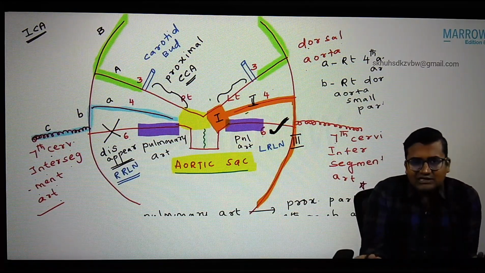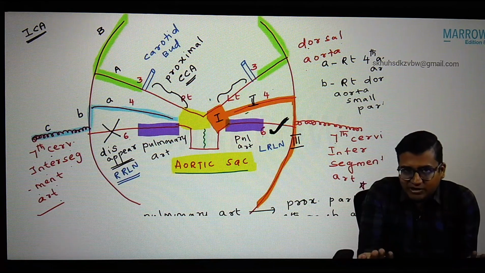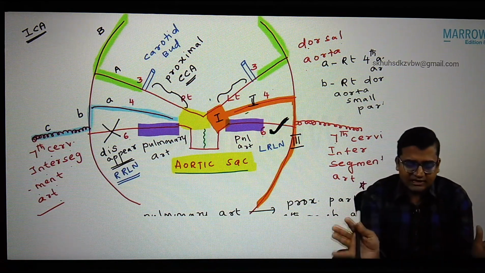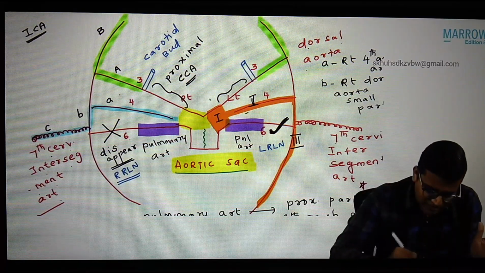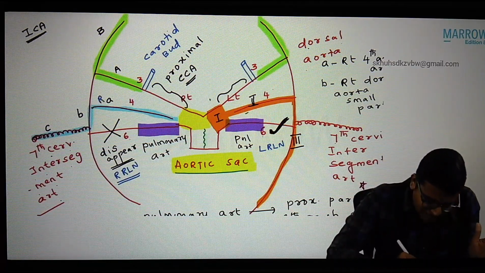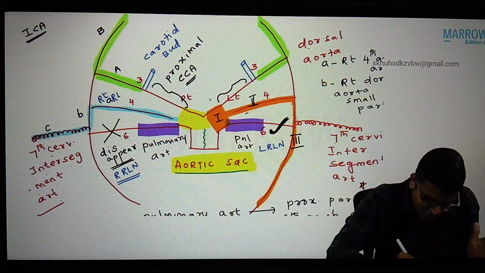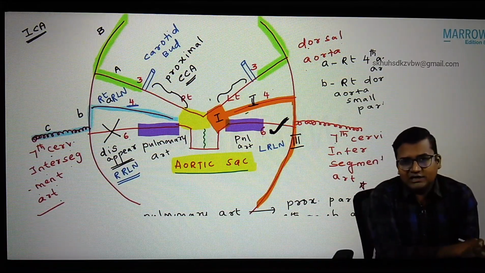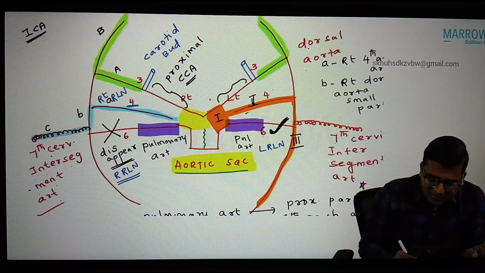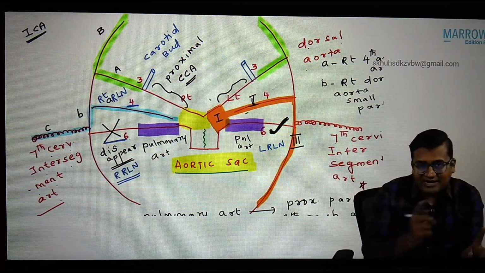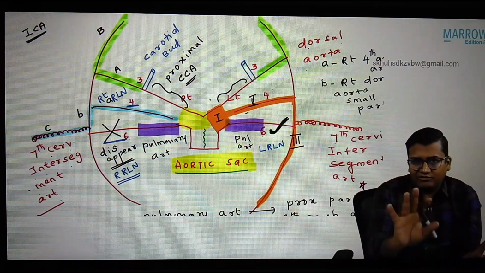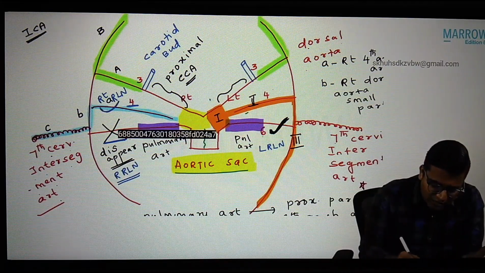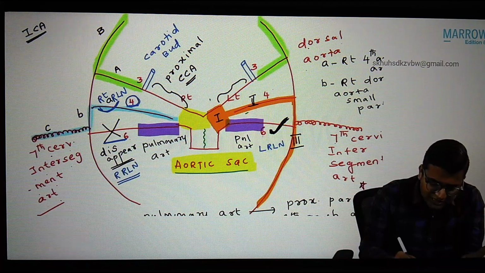Because we don't have the distal part of the sixth arch artery, that will disappear. Now already we don't have the fifth arch artery. Yes or no? Yes. So now the right recurrent laryngeal nerve will be hooking around which arch artery here? The fourth arch artery. Why the fourth arch artery? The distal part of the sixth arch artery on the right side will disappear and we don't have the fifth arch artery. So the right recurrent laryngeal nerve will be hooking around the right side fourth arch artery.